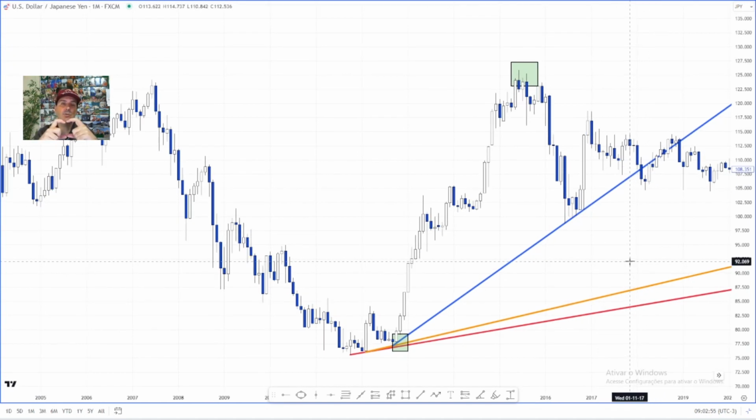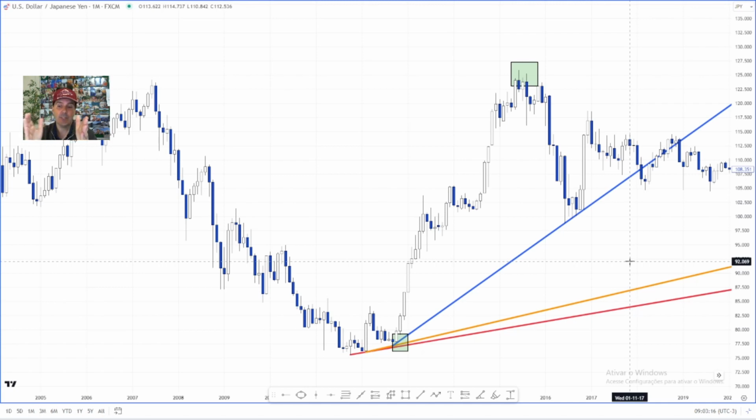Now remember, the trend lines are not forever. The market sometimes, and it's normal, breaks the trend lines too. So don't confuse the market waving with you learning how to chart. Okay?